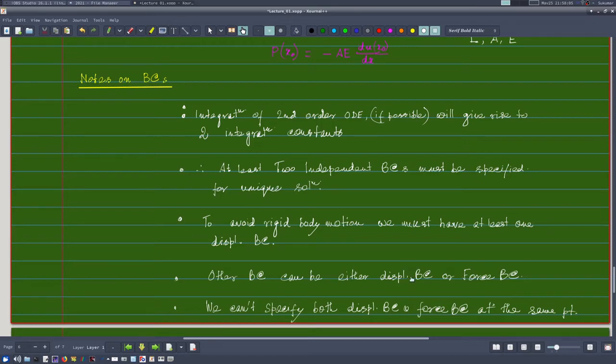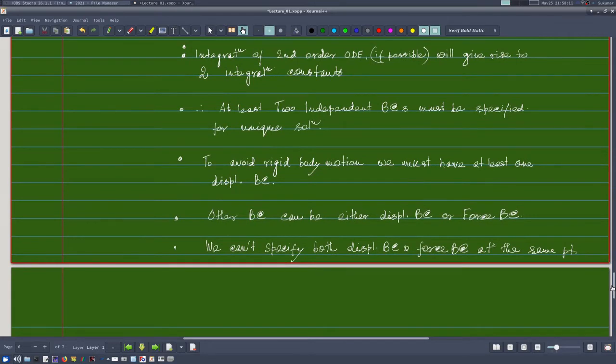And you know that force and displacement boundary conditions are interrelated through the material behavior. And therefore, we cannot specify both boundary conditions at the same time. I cannot specify a displacement boundary condition and also a force boundary condition at the same point, because they are not independent from each other. Okay? Actually, if I specify a displacement boundary condition at a particular point, say displacement is 0 at some point, then it will involve some unknown reaction.